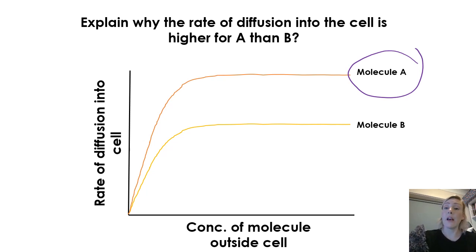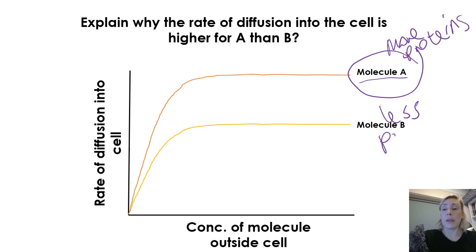So in this case, for molecule A we've got more proteins to facilitate its movement, and fewer proteins for molecule B, whether they're channel proteins or carrier proteins, which means that the facilitated diffusion of A is faster than B with the same concentration gradient.